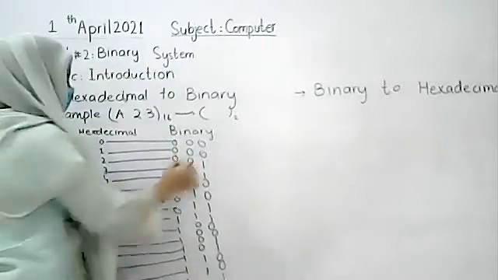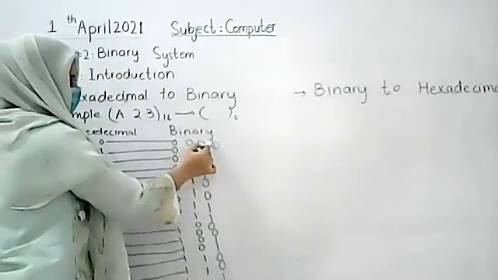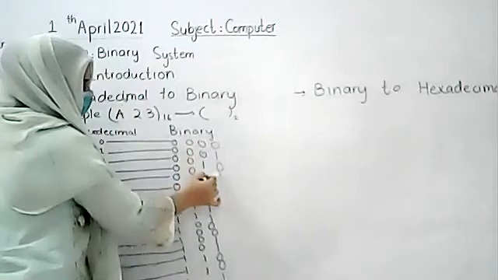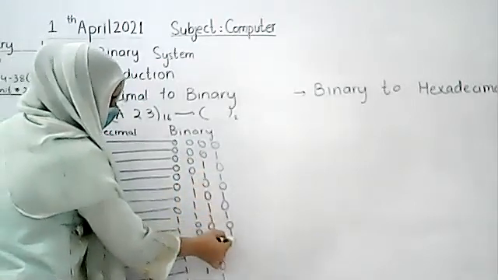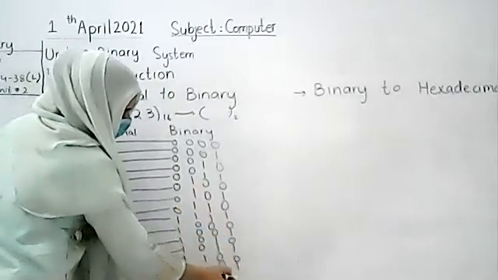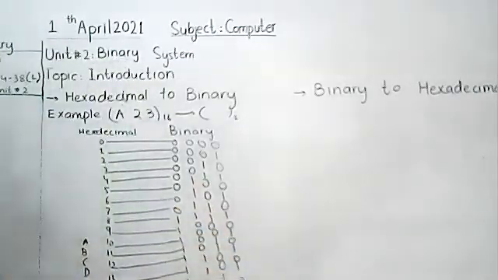And in the last line, we will go for the 1 by 1. First 0, 1, 0, 1, and so on alternately.